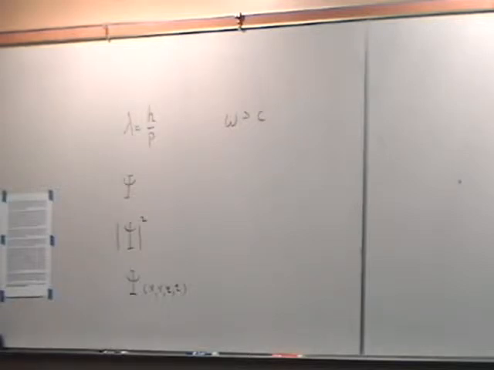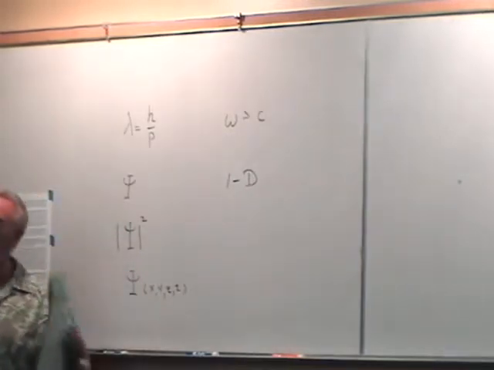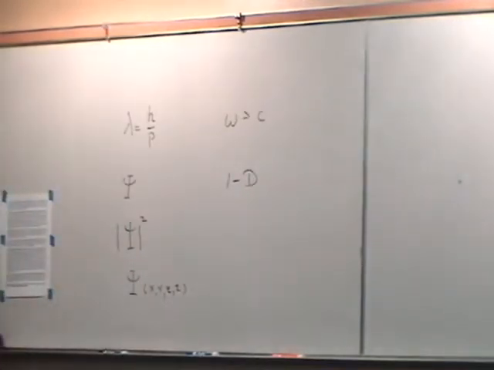Okay, next thing we did was to look at a particle in a box. And the key issues to the particle in the box are, first, it was one-dimensional. So we're putting it in a one-dimensional box, basically limiting it to the x-axis. And the structure of the box is infinitely hard walls, which means when the particle hits the wall, it is totally reflected with complete conservation of energy.